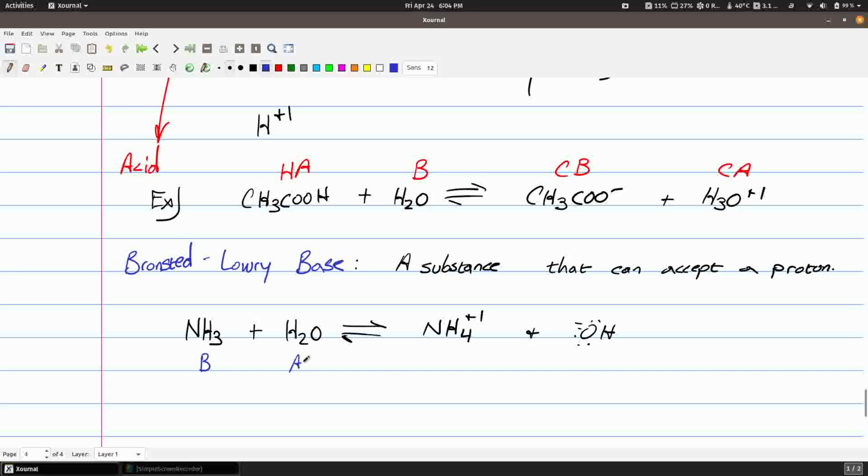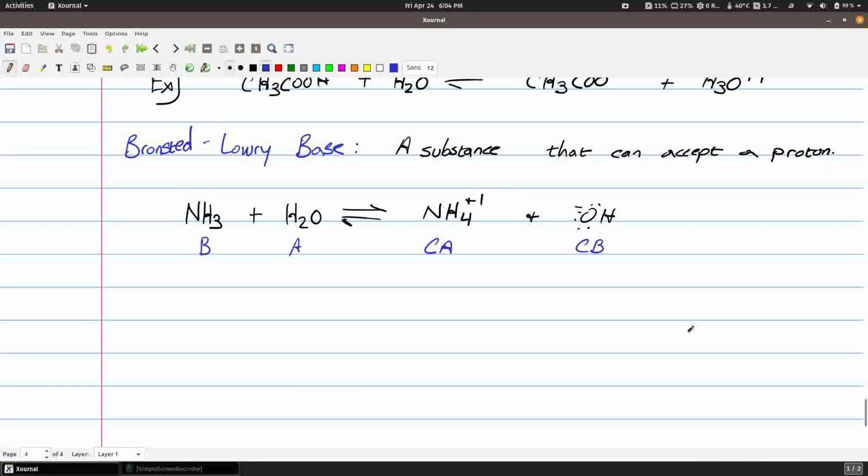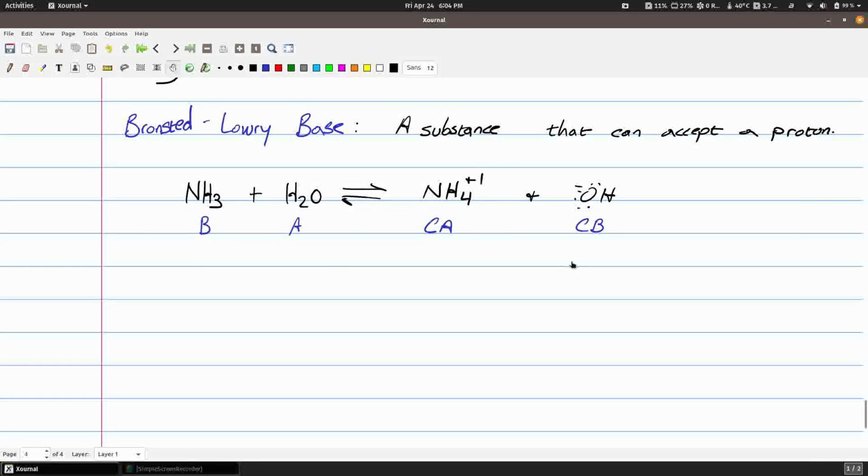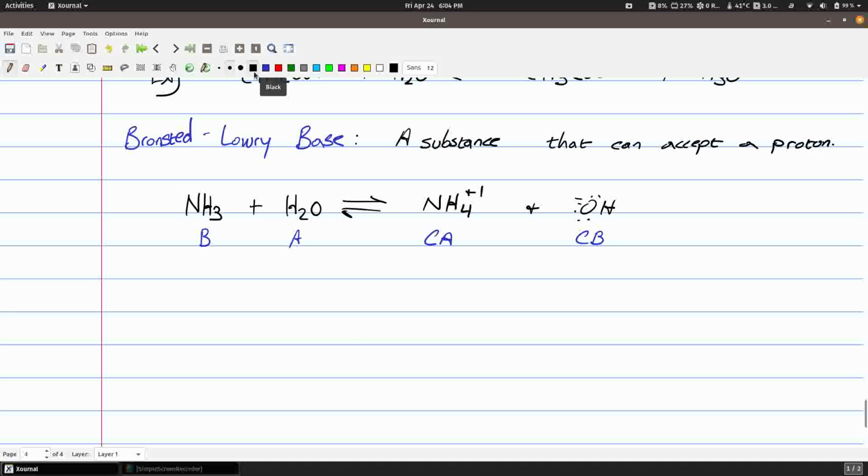This is our acid. It's our conjugate acid, conjugate base. So I'm going to go over those two, don't worry. So just so you know, this accepted a proton from water, which is why it is a base. Because on its own, it doesn't give away or produce hydroxide, but it accepted a proton.